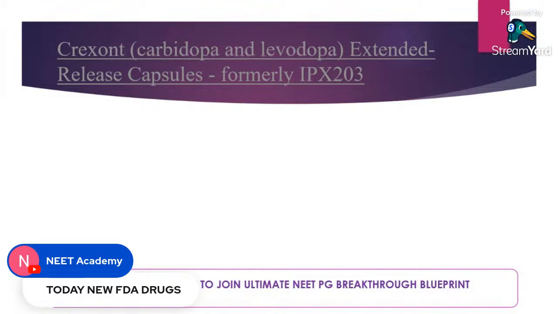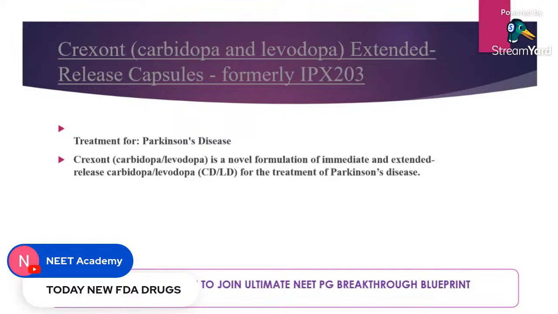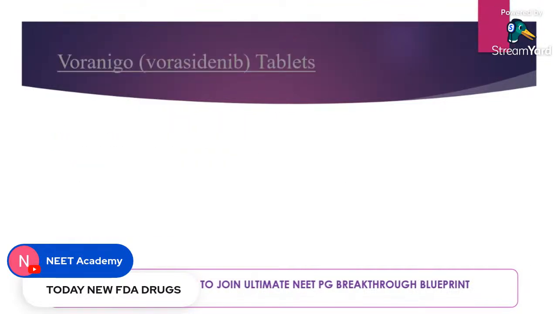Crexont. What is Crexont? It is carbidopa levodopa extended release capsule for the treatment of Parkinson disease. Voranigo, that is vorasidenib tablets, used for treatment of malignant glioma.